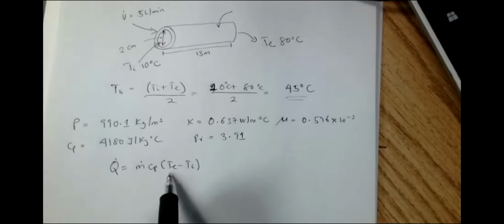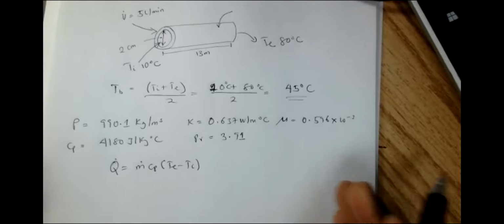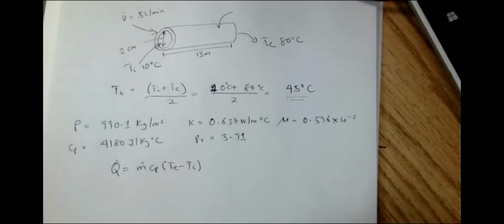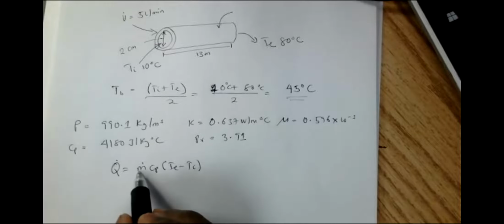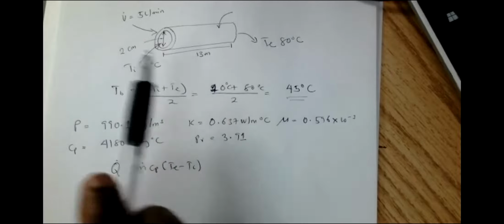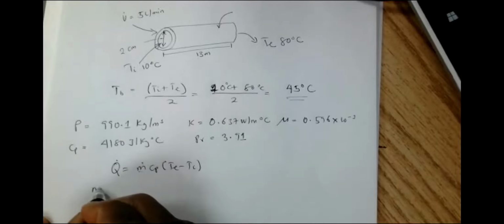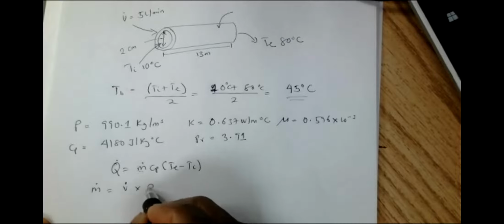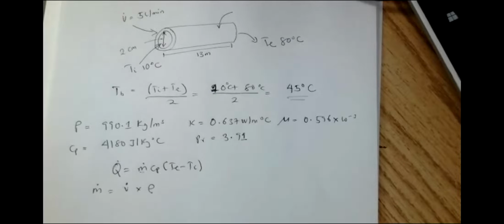You find that from the temperature difference from one end to the other, the mass flow rate and the specific heat. You find the amount of power needed to do that. We don't have a value for the mass flow rate, but we can find it using the volumetric flow rate. Mass flow rate is simply the volumetric flow rate multiplied by the density of the fluid, right?